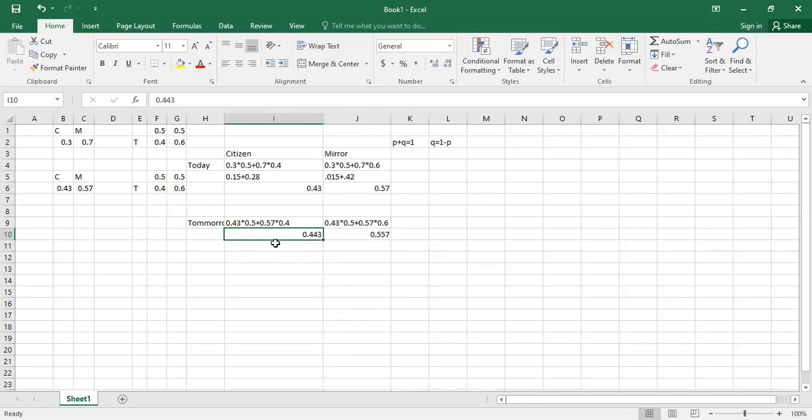Correct. So you can say the Citizen market share is 42.3%, and the market share for Mira is 55.7.